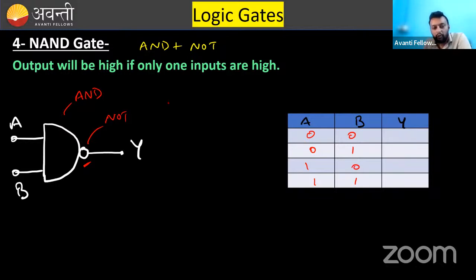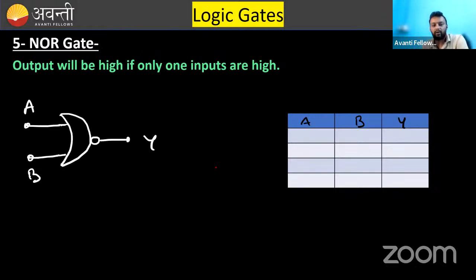So the output of AND should be reversed in the NAND gate. The output of AND is 0 0 0 1, but in the NAND gate, it will become 1 1 1 and 0. Very good. Is this thing clear? Just reverse the output of the AND gate.